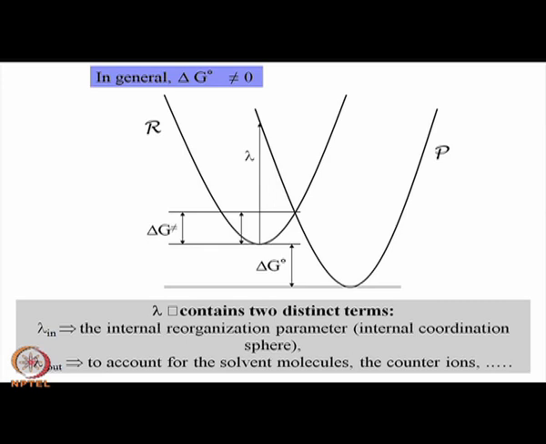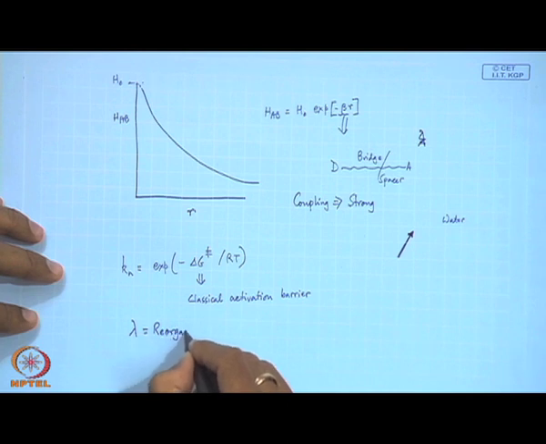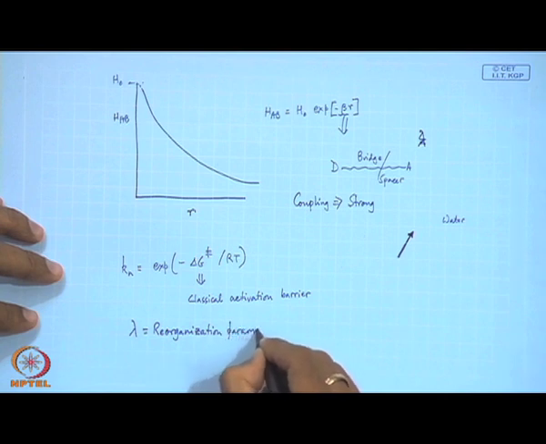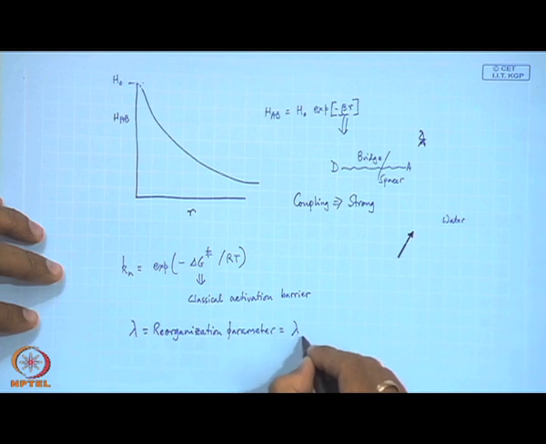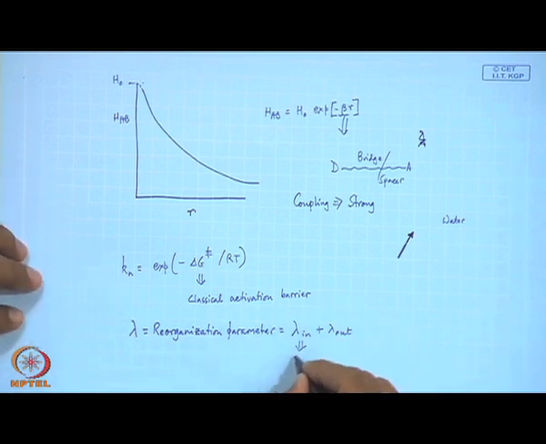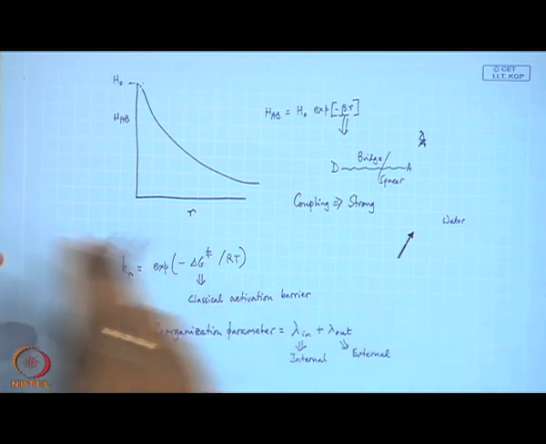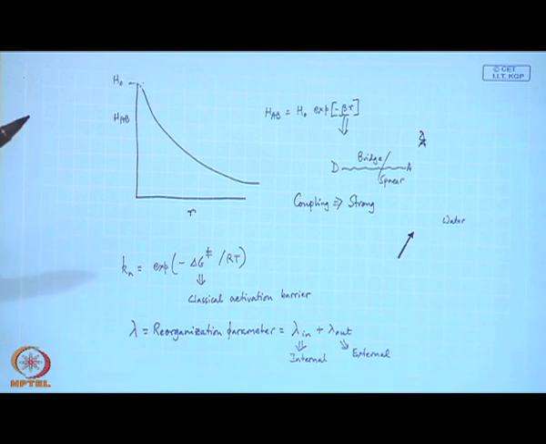So, lambda is the reorganization energy, or reorganization parameter, that has two terms: lambda in plus lambda out. Lambda in means internal reorganization parameter, and lambda out is outside or external, especially due to solvent molecules or maybe something else, maybe counter ions.